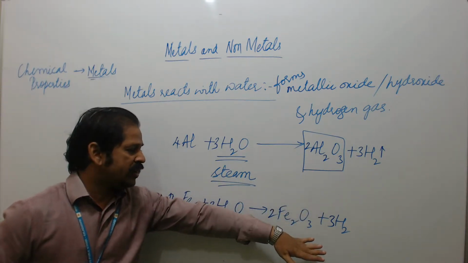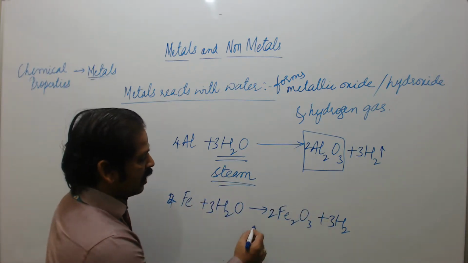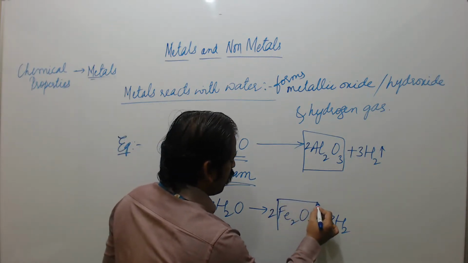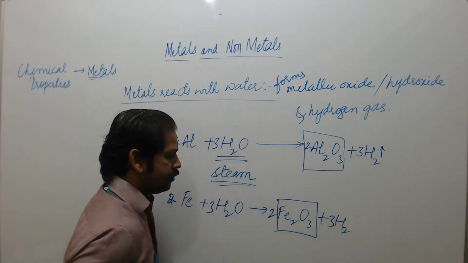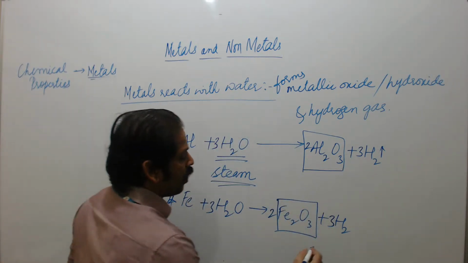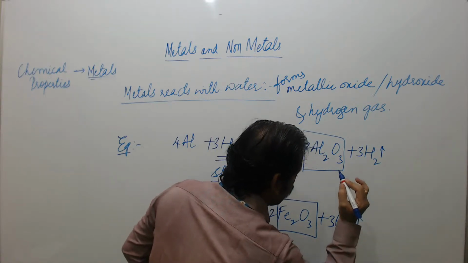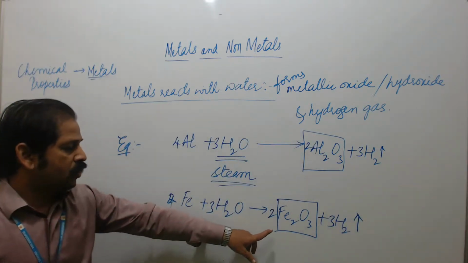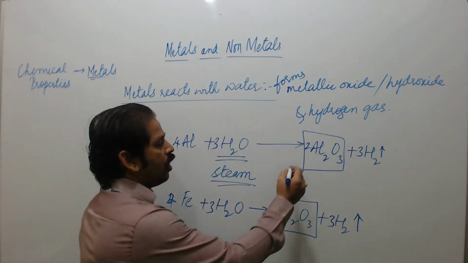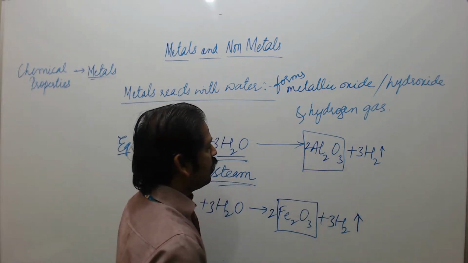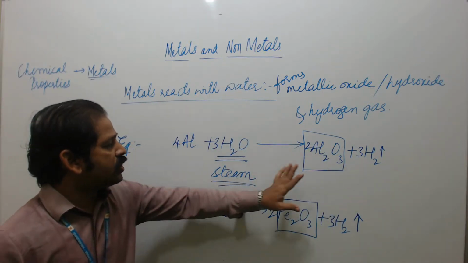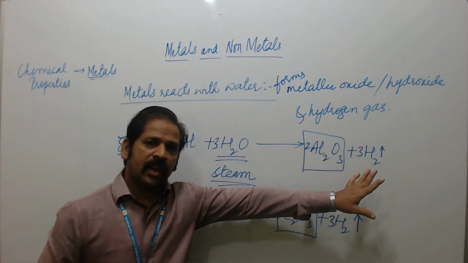The valency is the same, so we are getting the same result. Here we are getting oxides, Fe2O3 and aluminium oxide.